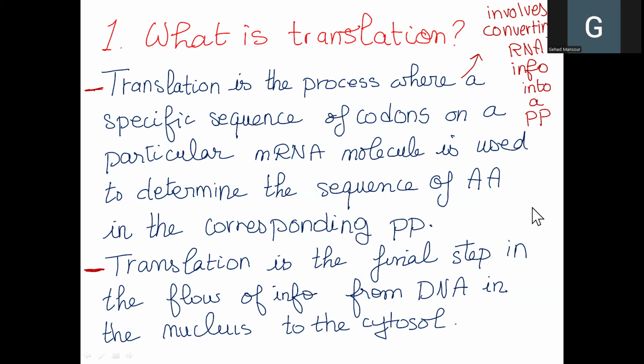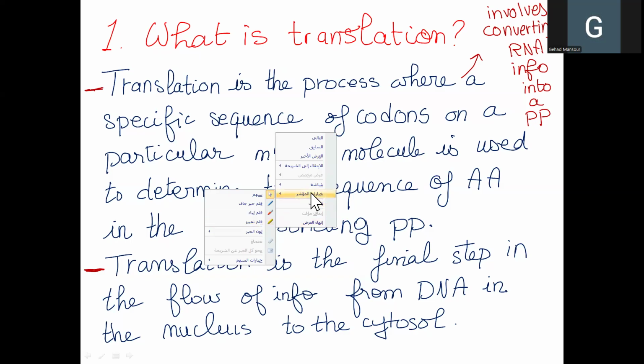So translation is the process where we use a specific sequence of codons on a particular messenger RNA molecule to determine a specific sequence of amino acids in the corresponding polypeptide chain.